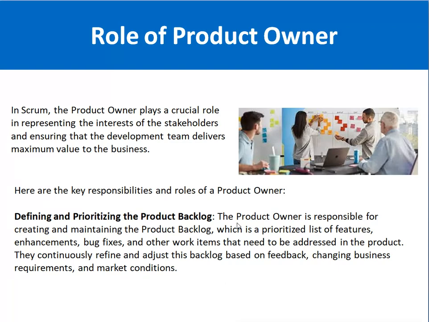And also this should be a prioritized list. Prioritized means the highest priority on the top and the lowest priority at the bottom. Also, the product owner is continuously refining and adjusting the product backlog based on the feedback which he received from the customer, changing business requirements based on the market conditions, etc.